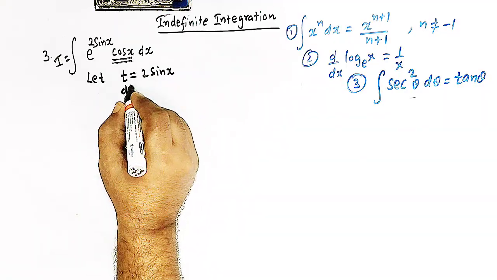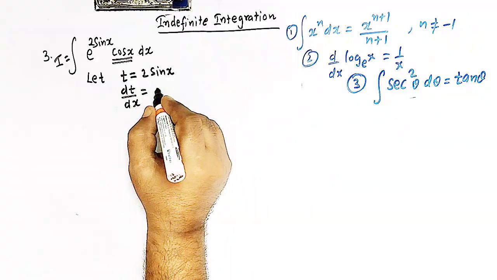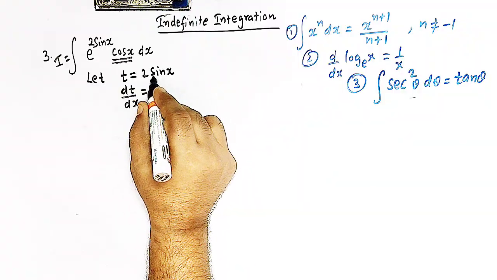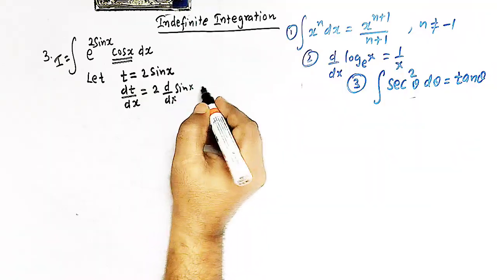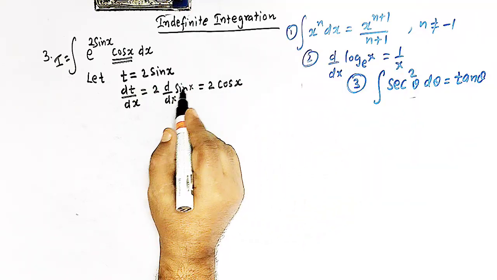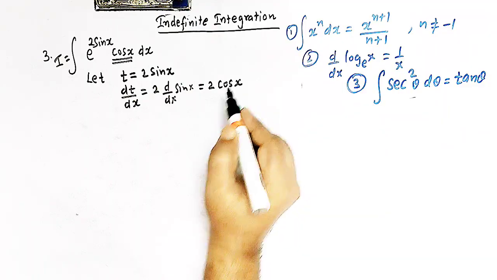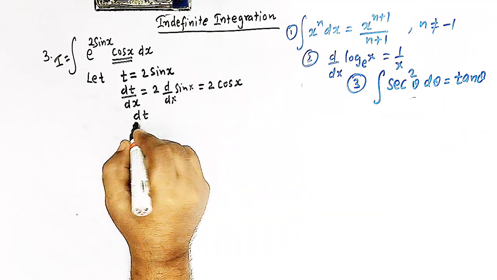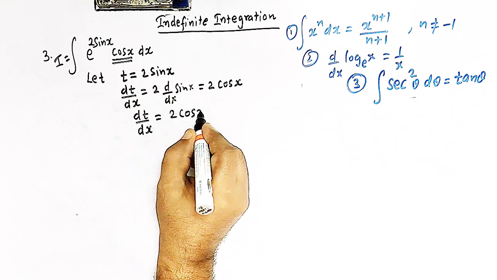So now if we differentiate t with respect to x, we have dt over dx is equal to 2 times the derivative of sine x. So we have here 2 times cosine x, because the derivative of sine x with respect to x is cosine x. So now we have dt over dx is equal to 2 cos x.